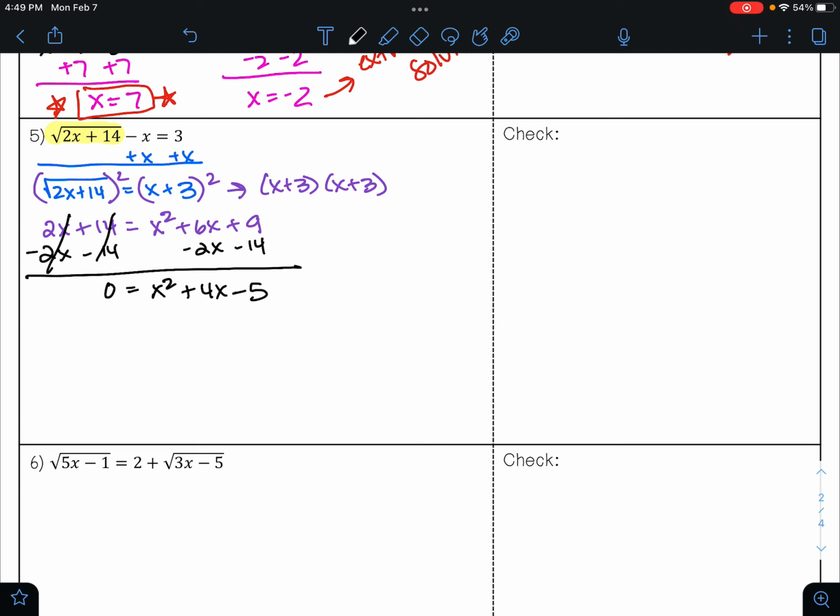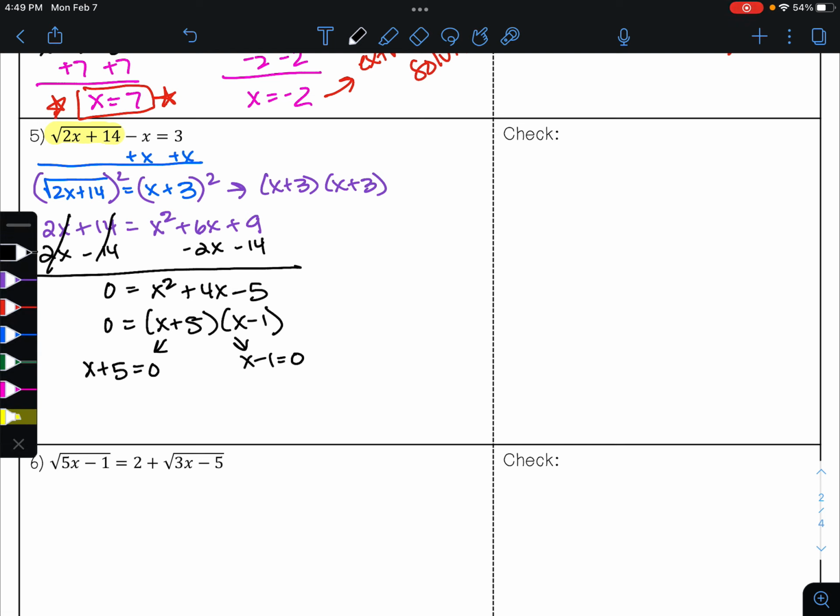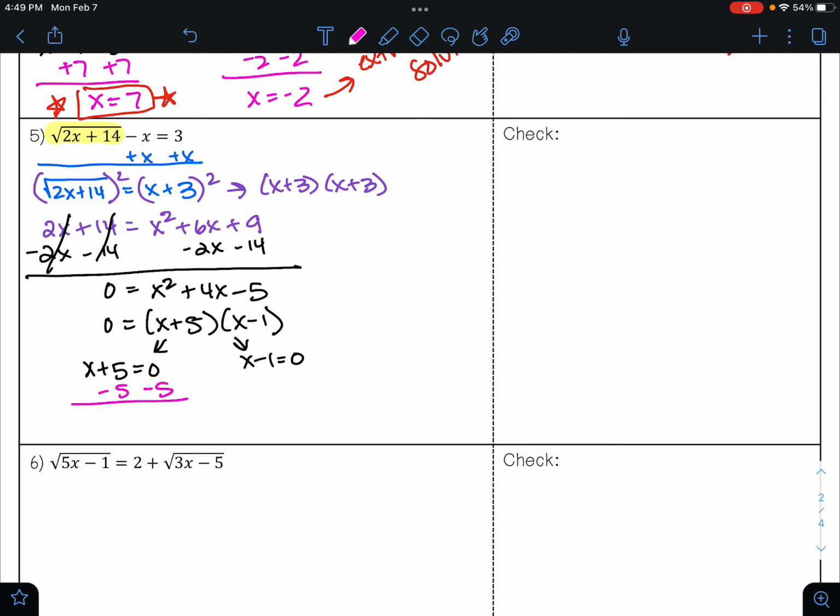When I look at this, I can see that this is in fact factorable, and those factors will be x plus 5 times x minus 1. So I can use the principle of zero products and say x plus 5 equals 0 or x minus 1 equals 0. When I go to solve this, I'm going to subtract 5 on both sides and get x equals negative 5. For this one, I'll add 1 to both sides and get x equals 1.